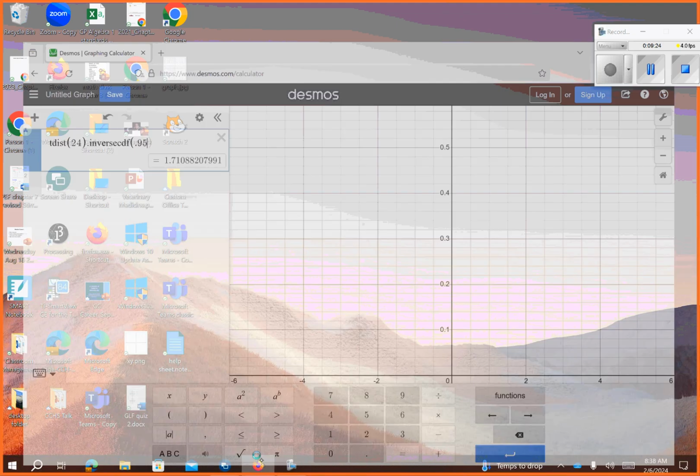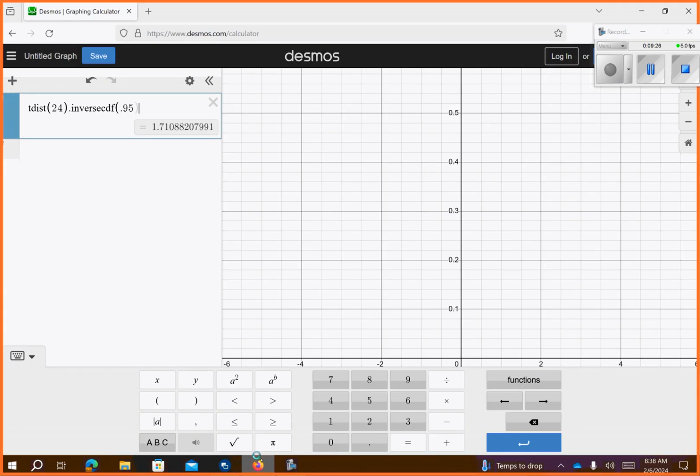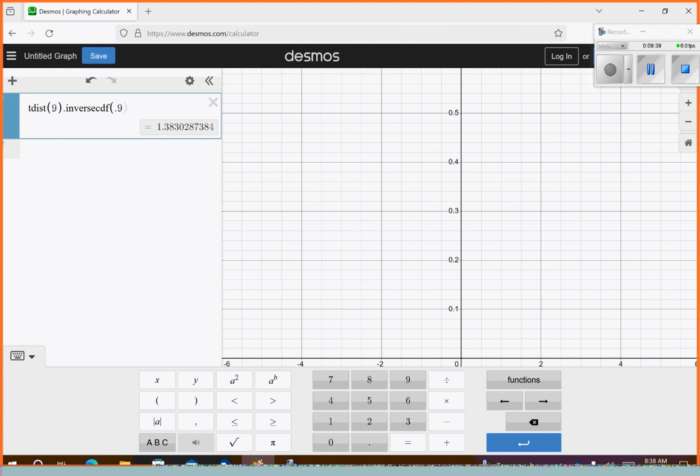Let's go to Desmos. I'm going to change our degrees of freedom here to 9, and our confidence interval is 95%, so we're going to change this to 0.975.